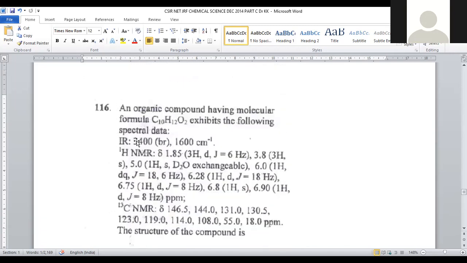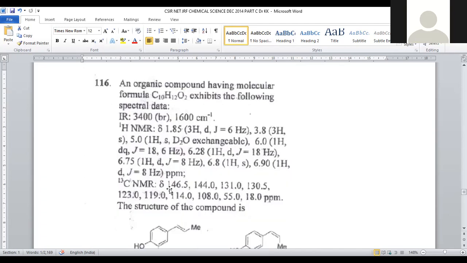So the IR data gave the primary information: 3400 denotes OH is there, 1600 denotes carbon-carbon double bond is there. 1.85 gives methyl protons, 3.8 methoxy protons, 5.0 deuterium exchangeable hydroxy, 6.0 and 6.2 are the vinylic protons, and 6.75, 6.8, 6.9 give 3 sets of aromatic protons.